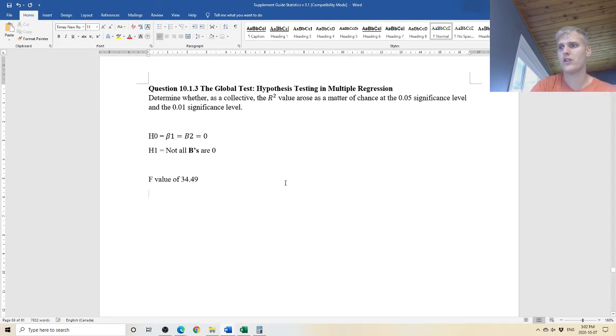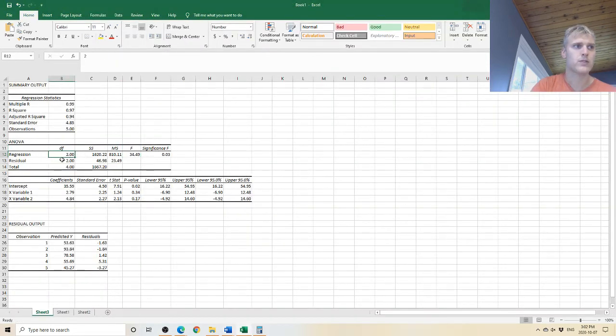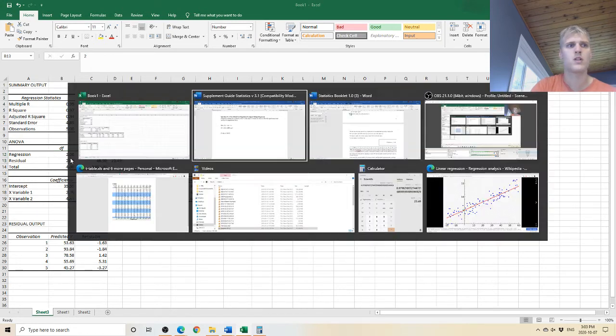So we need to go to our f table and look up our critical value. So first we need to determine our degrees of freedom. We can do that. Let's go and have a look at our Anova table again. As we can see here, our regression degree of freedom is 2 and our residual degree of freedom is 2. So we have a numerator degree of freedom of 2 and a denominator degree of freedom of 2.